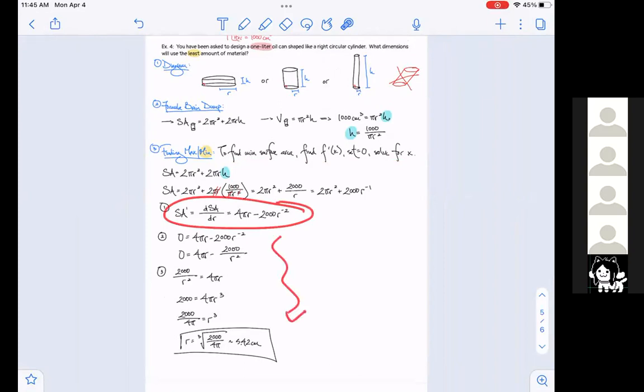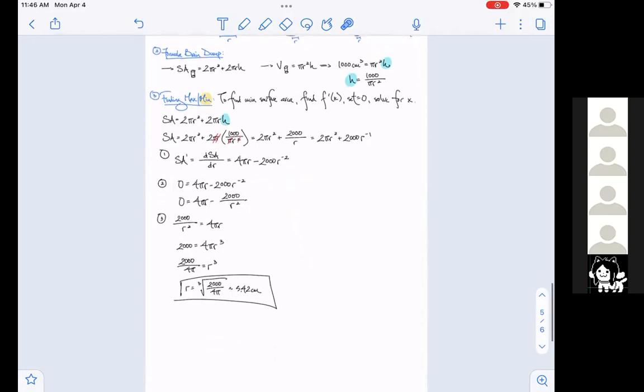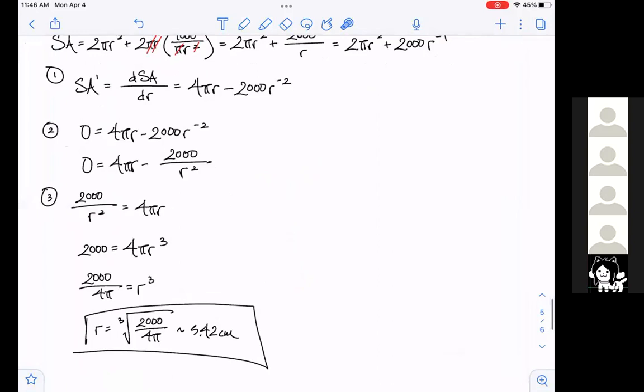Everything else is algebra and being flexible and thinking about how do I problem solve a problem that maybe I haven't seen before. Now, this is one way to solve this. You certainly could have, at this point up here, multiplied both sides by r squared. That's absolutely fine. I believe you will still get to the same r value. Okay.